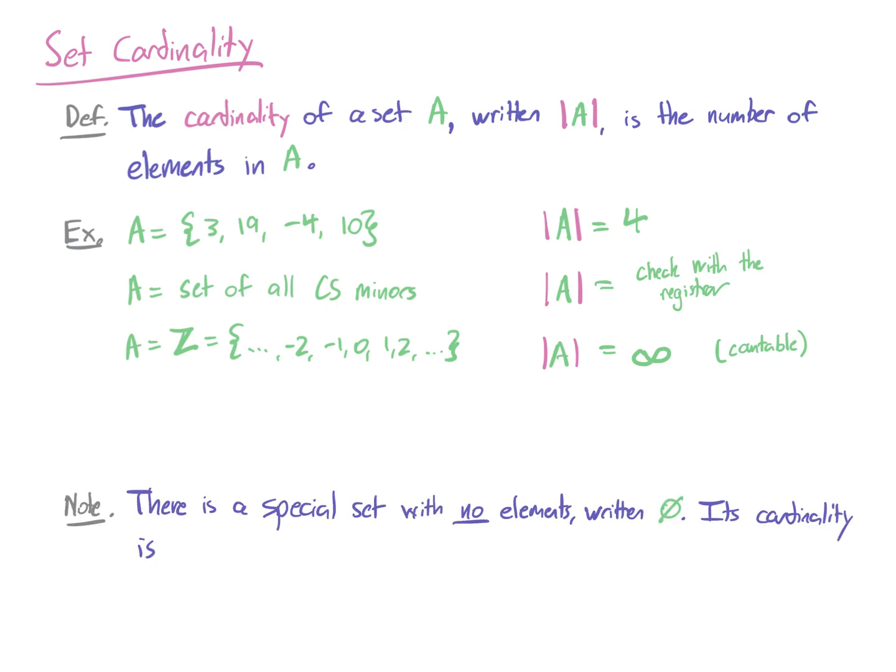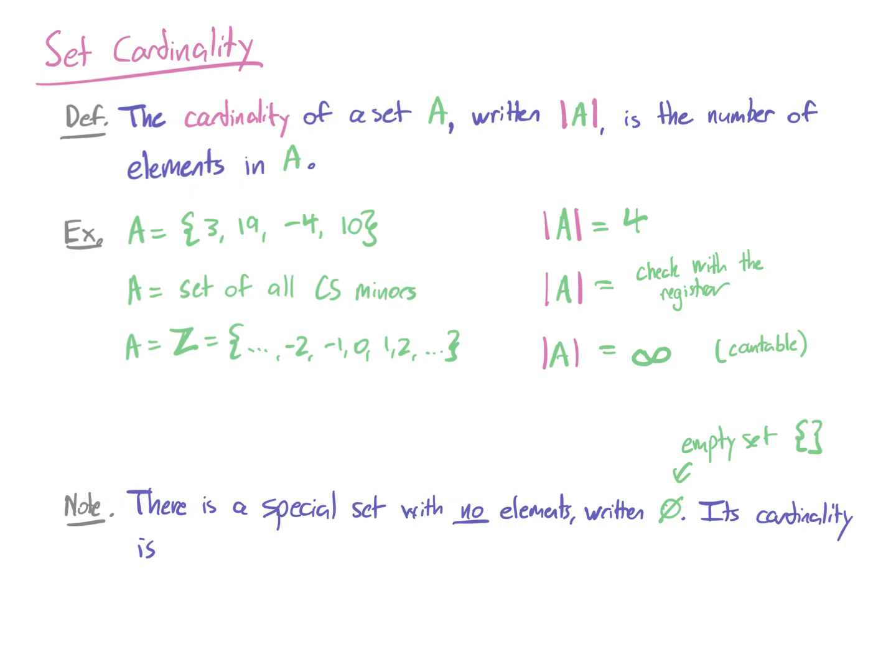There's also one kind of special set that we haven't talked about yet. There's this special set called the empty set. Sometimes we also write it as curly braces with nothing in them.